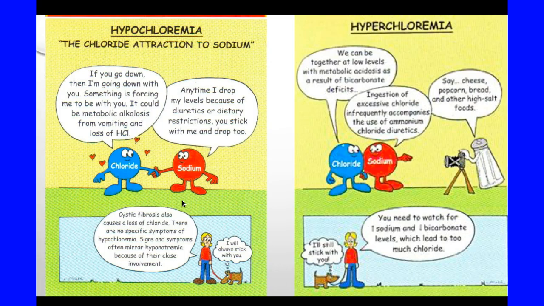You don't see cystic fibrosis as much, but you have to be careful with their chloride levels. If you have a high chloride, remember it would be more with metabolic acidosis versus the other, metabolic alkalosis. If you ingest excessive chloride, or with some diuretics, but I don't see that very much actually. You need to watch for sodium bicarb levels, which may lead to too much chloride.